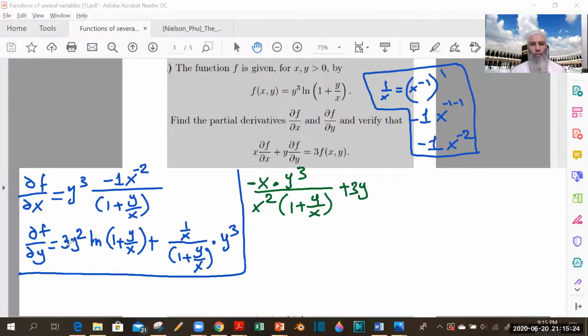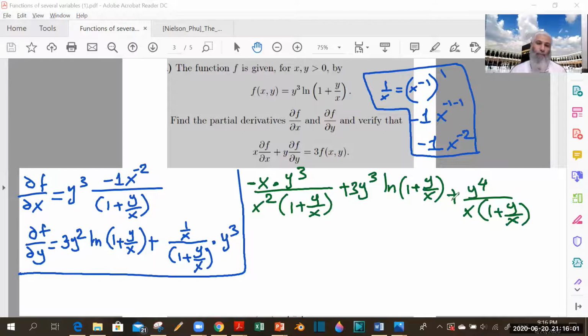And y multiplied by this will be y to the power 4 over 1 plus y over x, because for 1 over x, the x goes into the denominator. And this y is multiplied again, y times y cubed is y to the power 4.